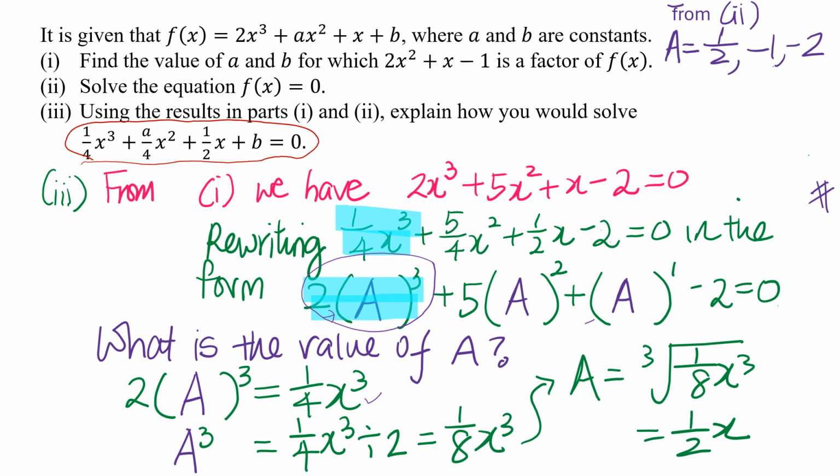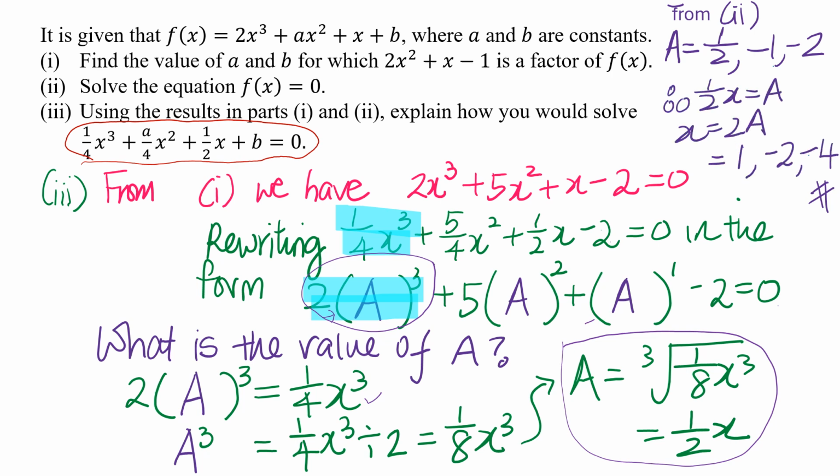And I'm going to replace a with half x, because this is the relationship that we have got. So half x equals a, and to find x, you just multiply all these answers by 2. That will give you 1, -2, and -4. So 1, -2, and -4 would be the solutions to this cubic equation.